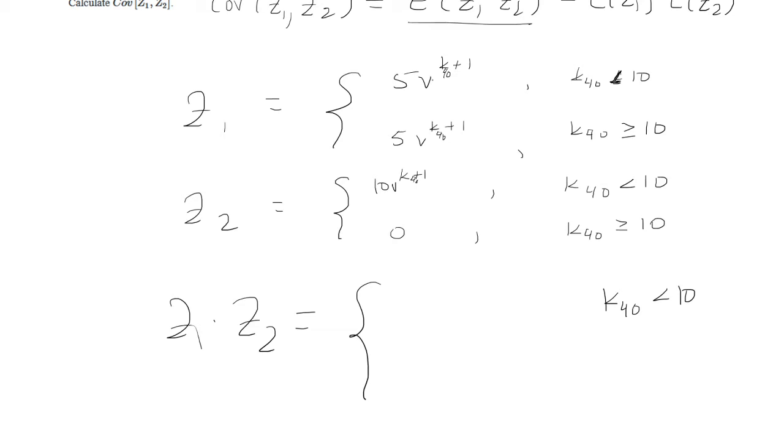So we have 5v to the k40 plus 1 times 10v to the k40 plus 1. So 5 times 10 is 50, and we're going to add the two exponents. Okay, and then Z1 times Z2, when k40 is greater than or equal to 10, 5v to the k40 plus 1 times 0 is just 0.